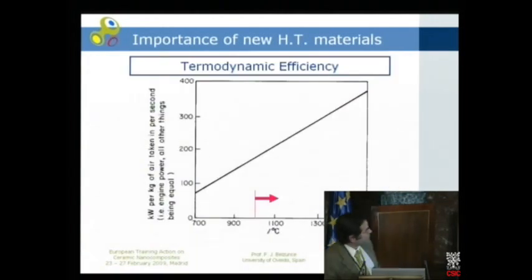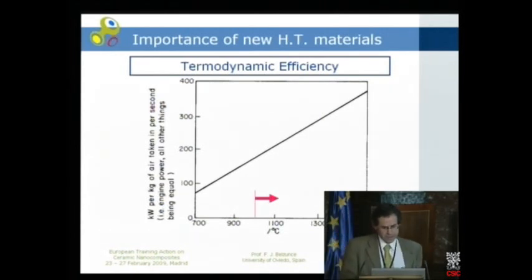In this case, as you can also see in this drawing, the thermodynamic efficiency of these engines is directly related with the temperature which can be attained in the hottest point of this engine.